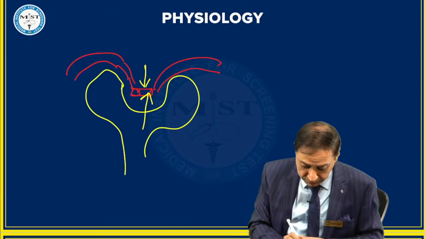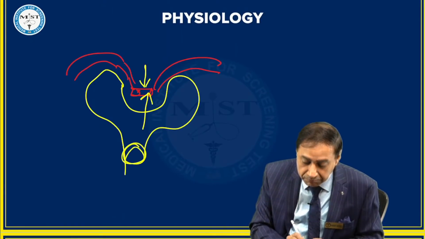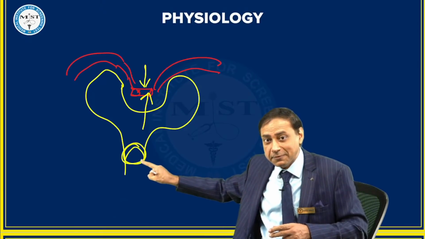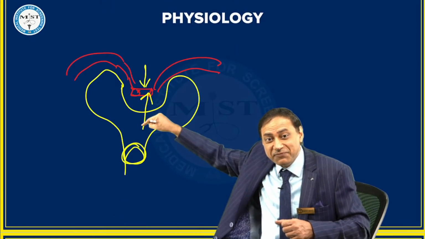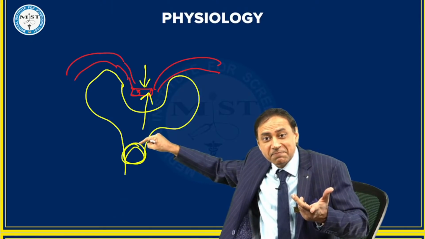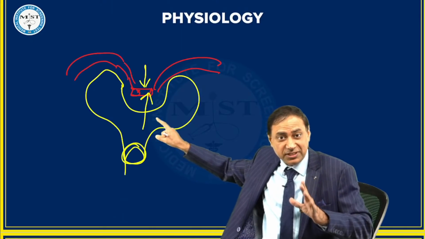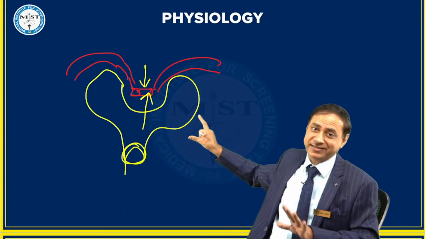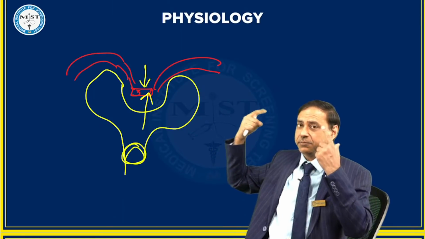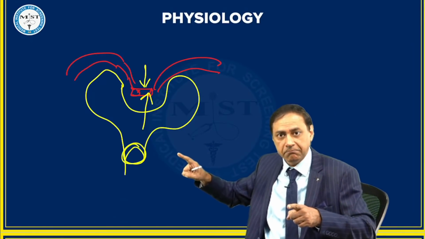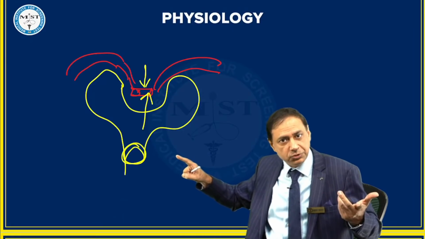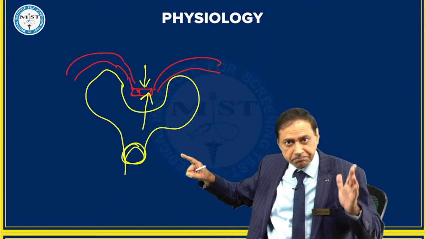If you have a kidney stone, hydronephrosis, the pressure of the Bowman's capsule will be increased, so GFR will actually fall. So for such questions, this diagram is critical. Just make this diagram in your mind and then analyze the factors one by one. Then you will be able to solve it. This is done.